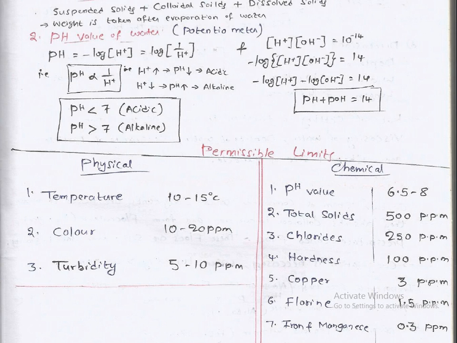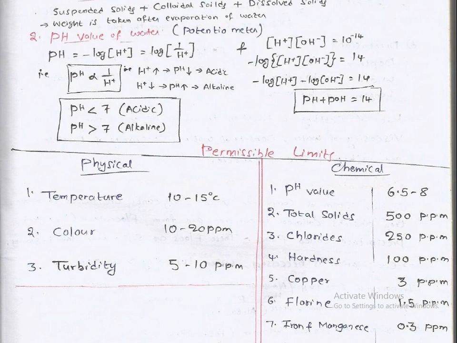The product of H+ and OH- concentrations equals 10 to the power minus 14. Negative log of H+ plus negative log of OH- is 14, so pH plus pOH is 14. pH less than 7 is acidic, pH greater than 7 is alkaline.